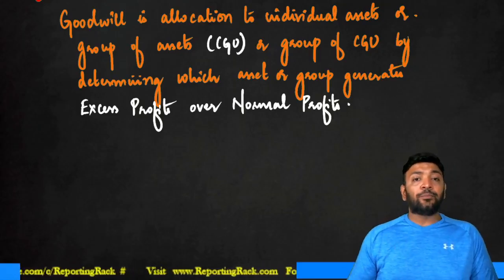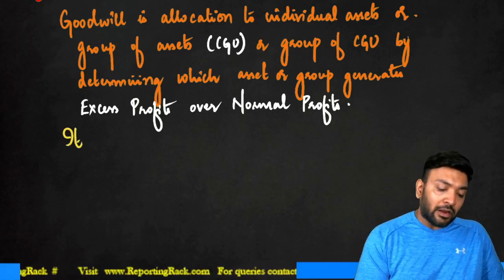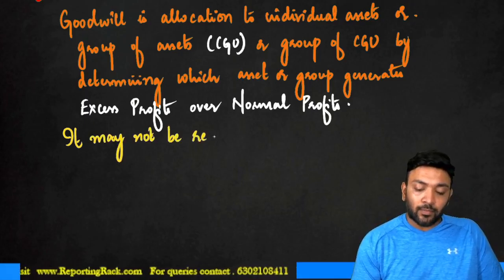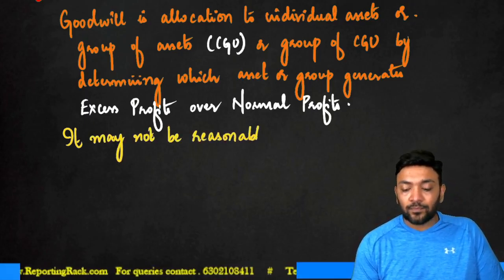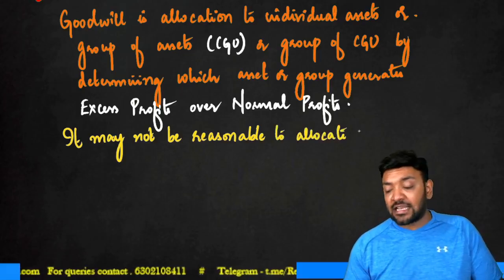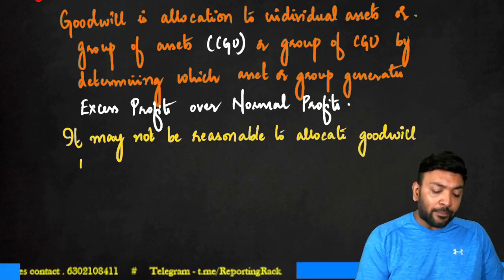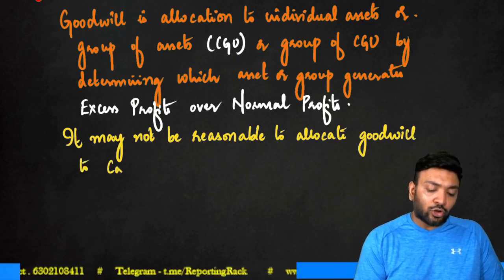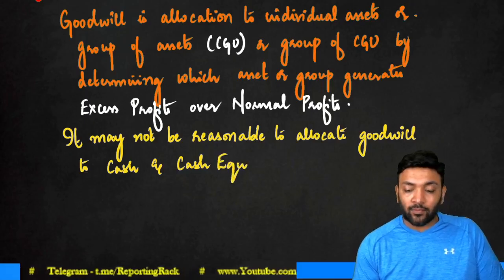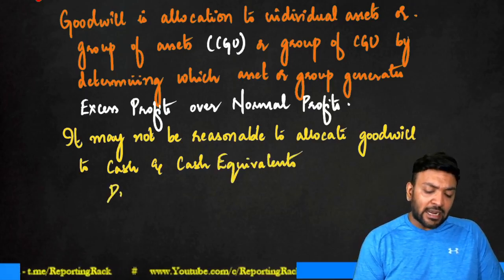If nothing is given, remember, it may not be reasonable to allocate goodwill to cash and cash equivalents, or to debtors and receivables.